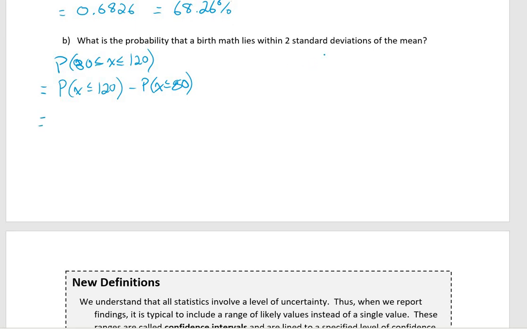And in this case, our z value when x is equal to 120, z is equal to -2, and when x is equal, going too fast.